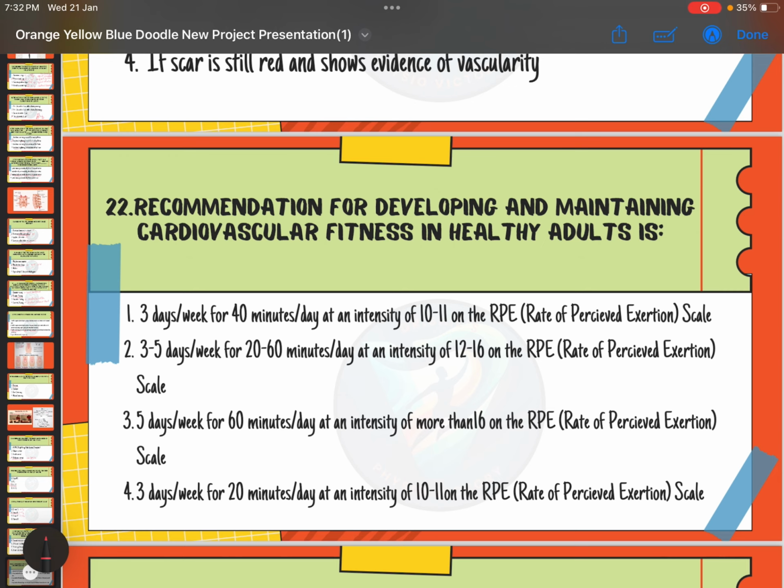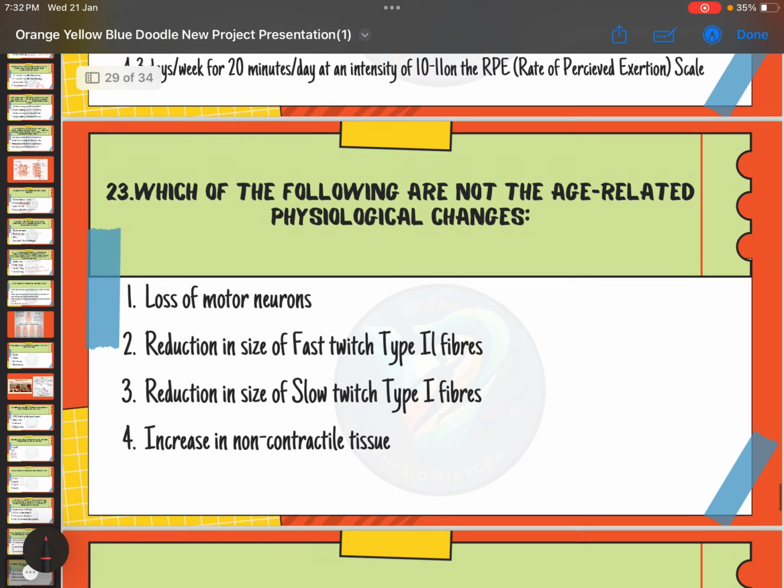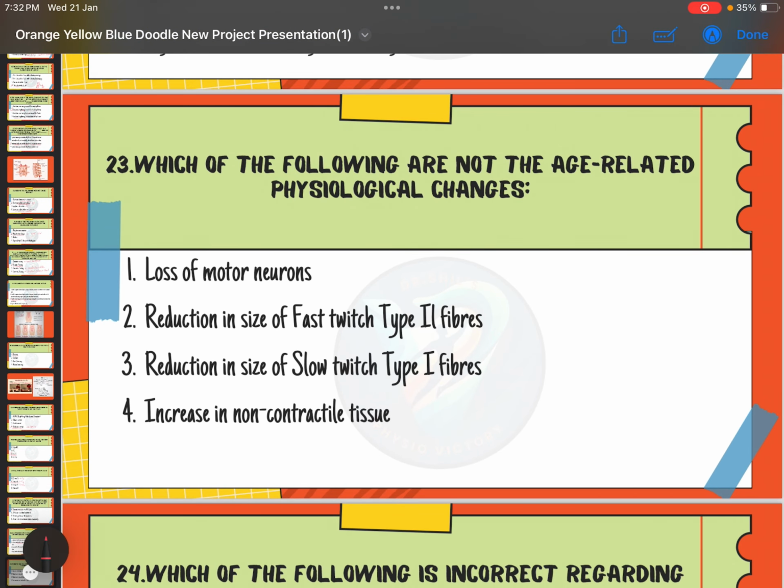Here the correct answer is 3 to 5 days per week, 20 to 60 minutes per day at an intensity of 12 to 16 on the RPE. Next, come to question number 23. Which of the following are not the age-related physiological changes?